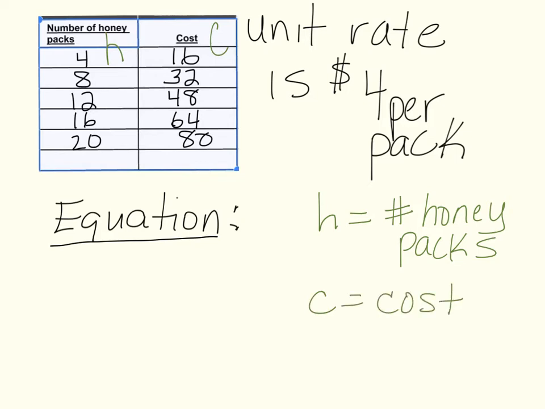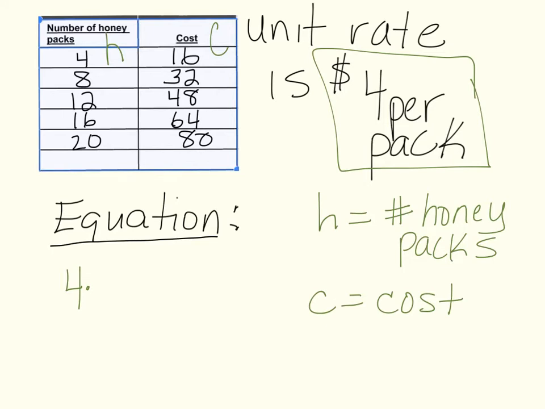We know those two variables and we know the unit rate is $4 per pack. So for every number of packs of honey, we're going to multiply by 4.